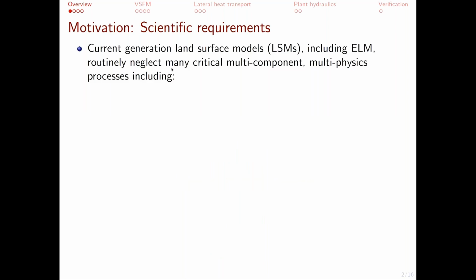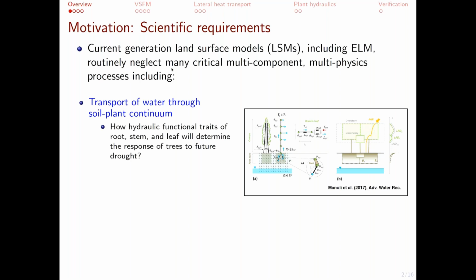So the terrestrial land surface models routinely neglect some critical multi-component multi-physics processes. A few examples of these: the land models routinely ignore the transport of water through the entire plant-soil continuum.